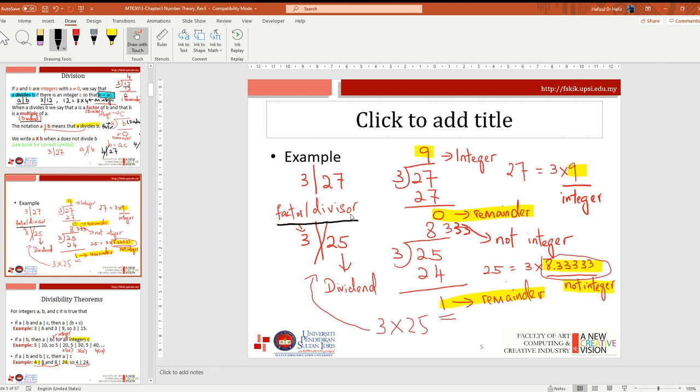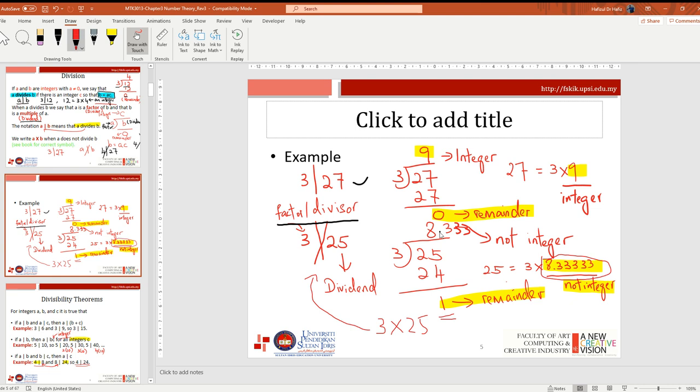Okay. For another example, we have factor or divisor. Can 3 divide 27? Yes. Can 3 divide 25? No, because we get 8.3333. It's not an integer.